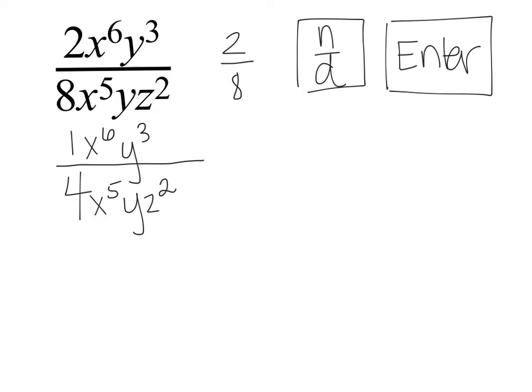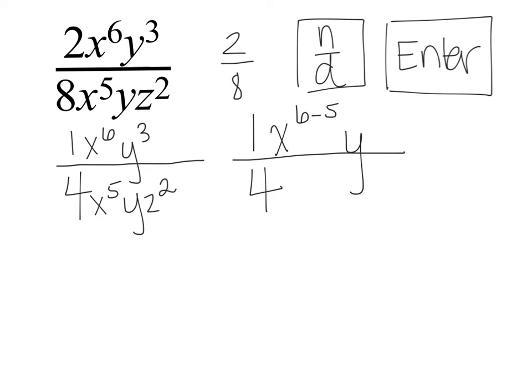If I have a fraction, that is the quotient rule. The quotient rule means that I am going to subtract my exponents of like bases. These are like bases. So I am going to have 1 in the numerator. Let's make sure we have a 4 in the denominator. X to the 6 minus 5, because you take your numerator minus your denominator.